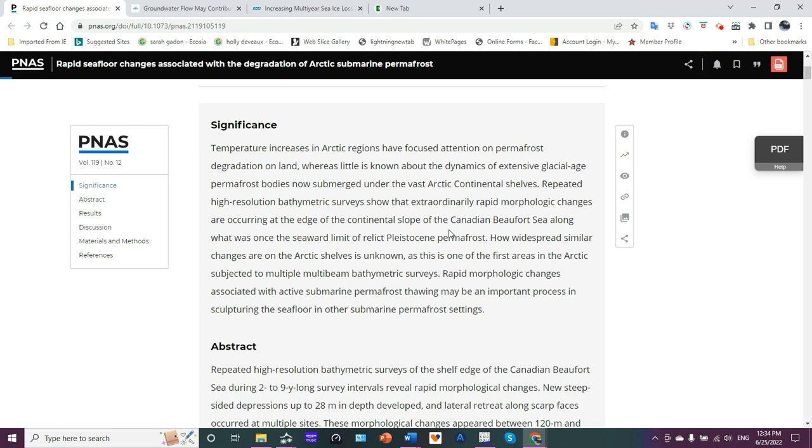I did a video some time ago where I looked at basically a thermogenic source of methane at the shelf break, or where the slope begins. And what has been documented is massive explosions of methane.